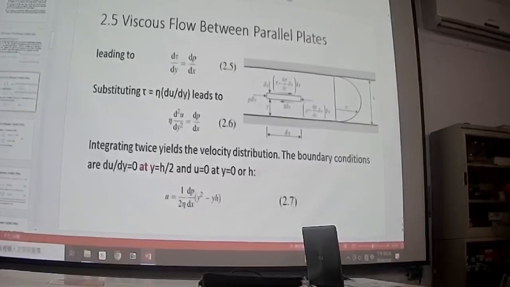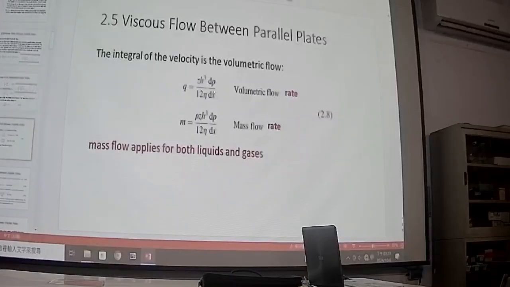You multiply the velocity with the cross-section area, you have the flow rate, the volumetric flow rate for its lubricant. You multiply with the density, you have the mass flow rate. This is the flow rate between these parallel planes.